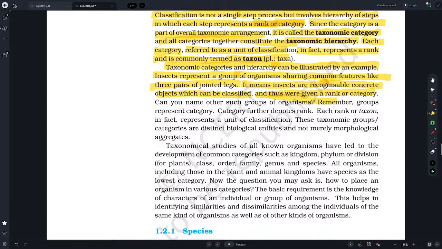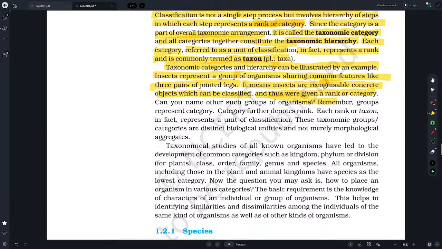Then this insect group, based on the characteristic that individuals should have 3 pairs of jointed legs, becomes a rank or category. This is the basis for how a rank is formed. Under a rank or category, all the individuals have similar characteristics, which is why they come into that rank or category. Or most of the organisms having similar characteristics form a rank.